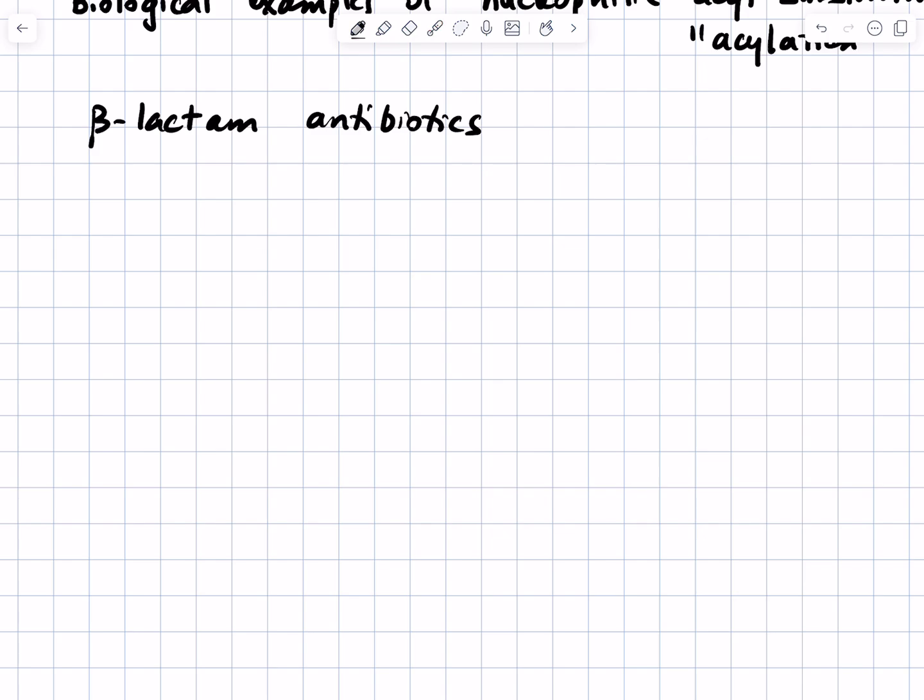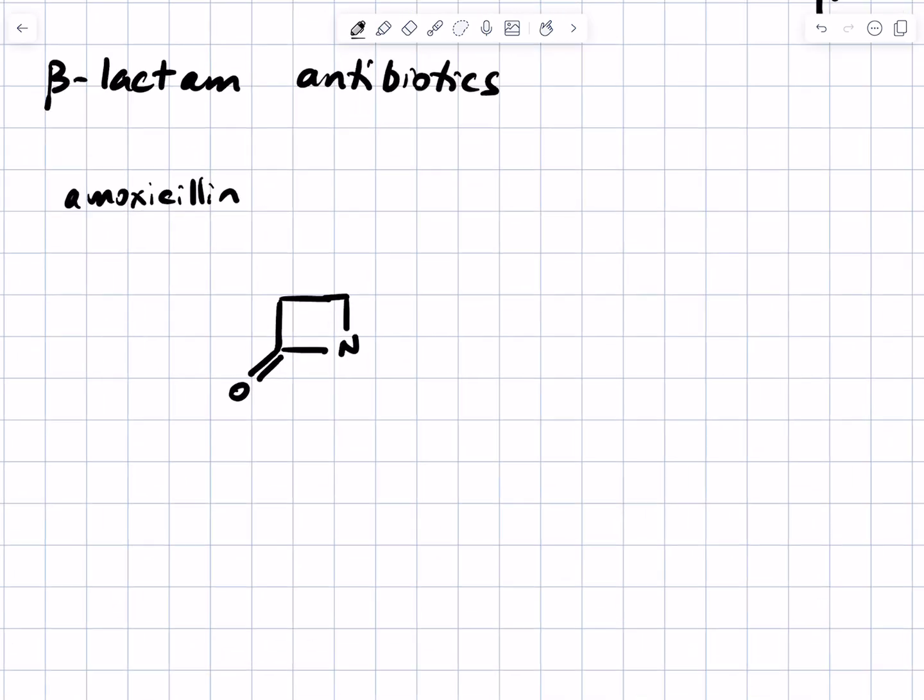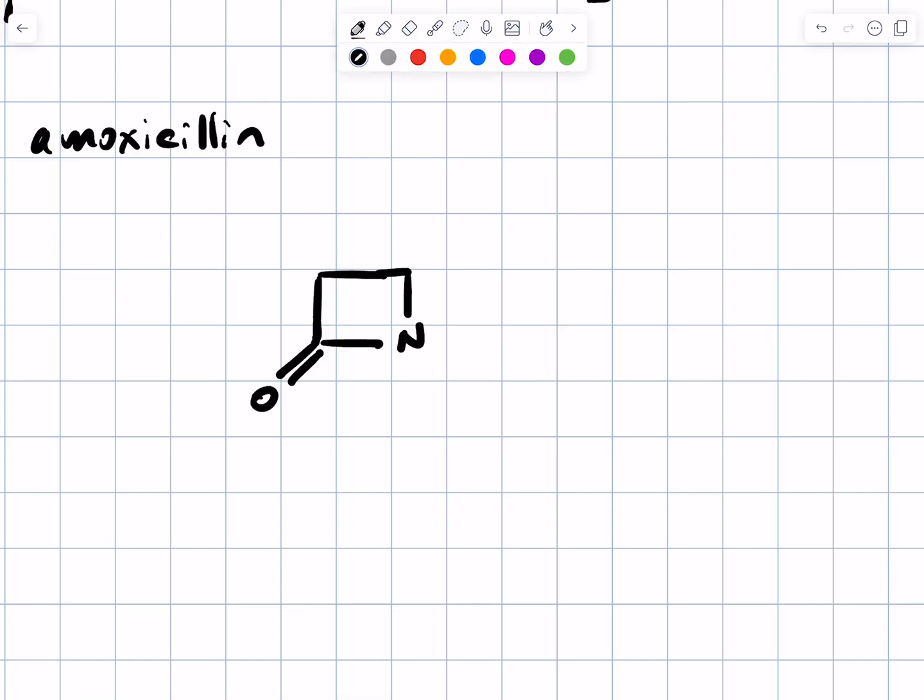So here is amoxicillin. Some of you have probably taken this before. The key portion of amoxicillin is this 4-membered ring with a nitrogen and a carbonyl carbon. We'll fill in the rest of the details in a little bit, but I'm going to identify the carbonyl carbon, the alpha carbon, and the beta carbon.